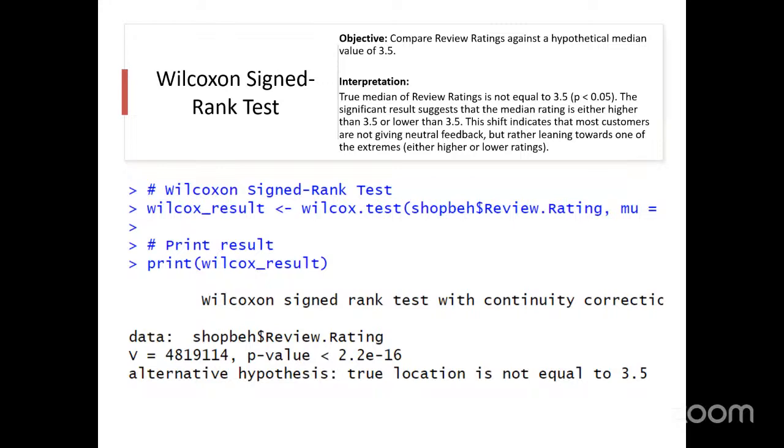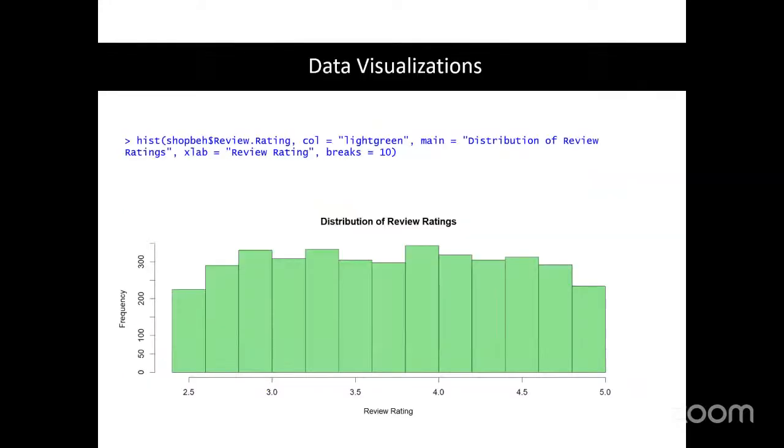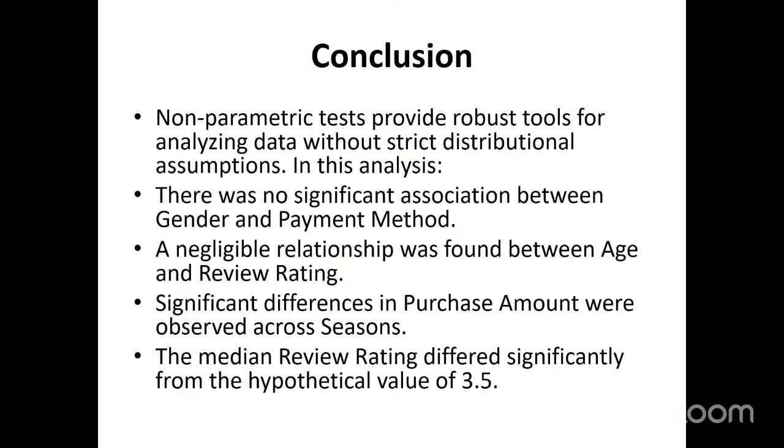So hypothetical median value is there, so expected value is there, and based upon that, you have to do this analysis. So here you can find out the hypothetical value is 3.5 and the data performs differently. But why hypothetical median?